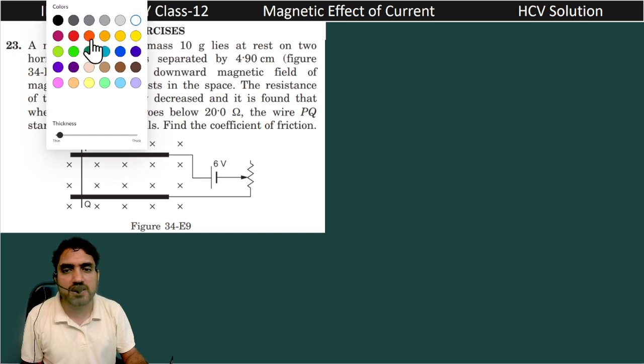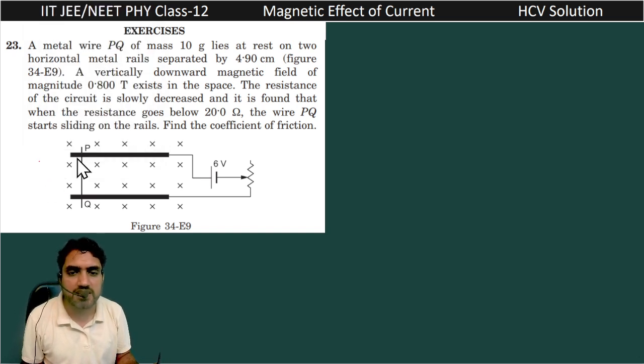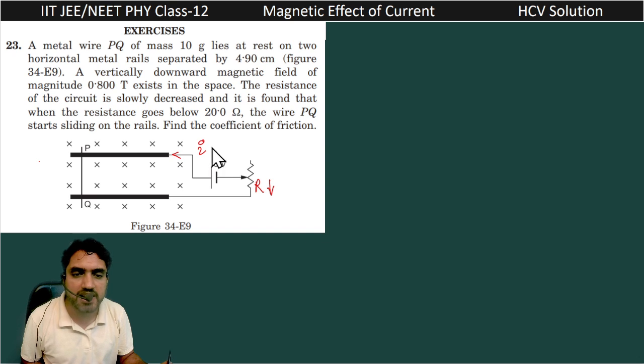So definitely in this case, when the current starts to flow, let us consider this current I. If we are decreasing this resistance R, this current I will increase. That is the concept.